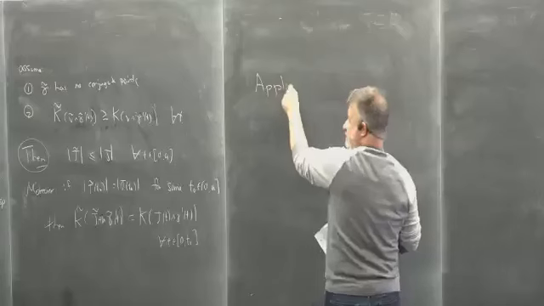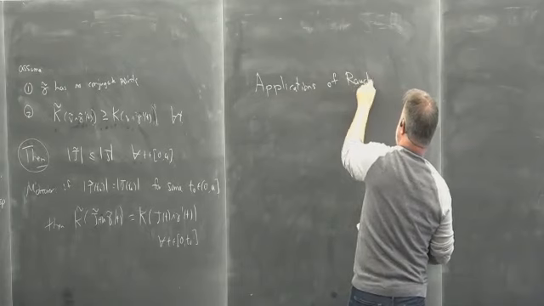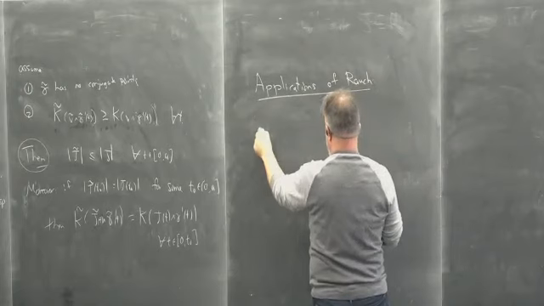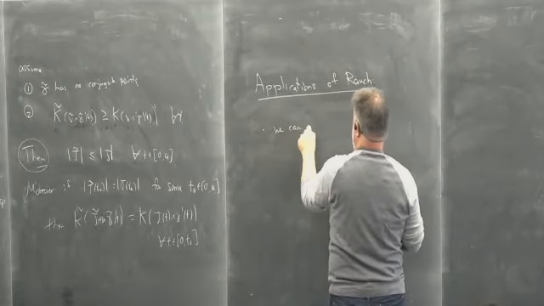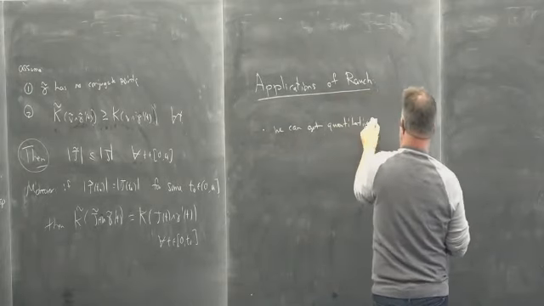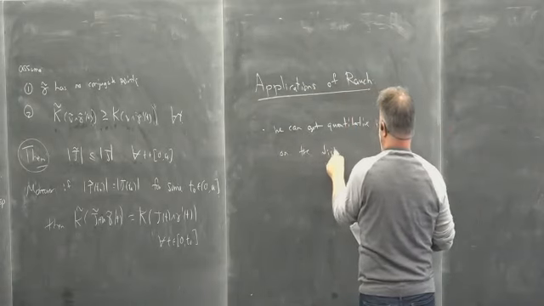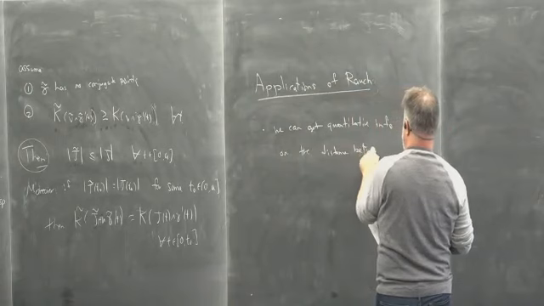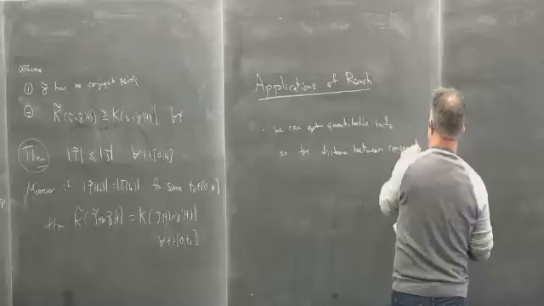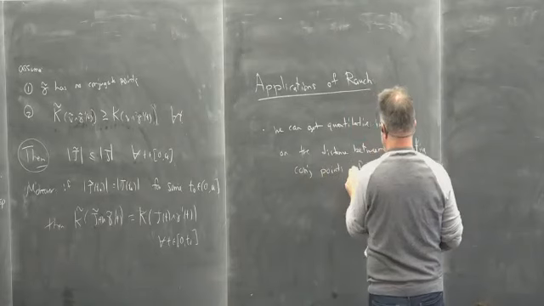So applications of Rauch. The first one is going to be that we can get quantitative information on the distance between consecutive conjugate points from bounds on curvature.